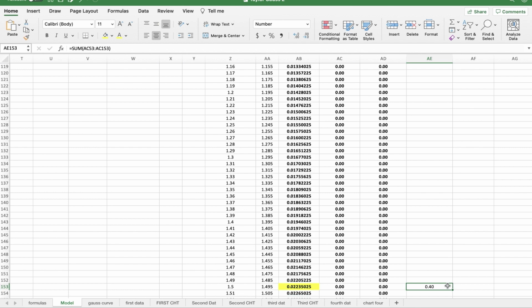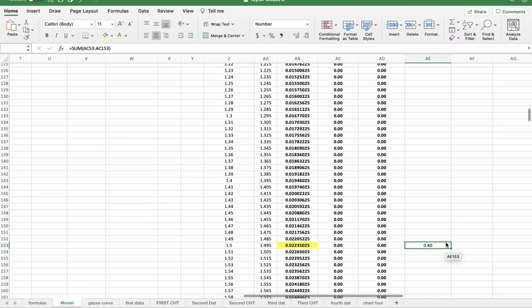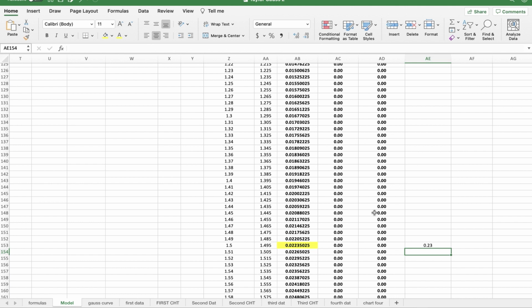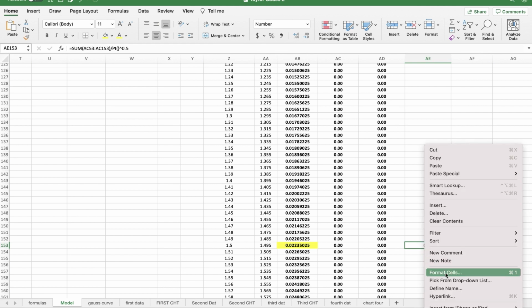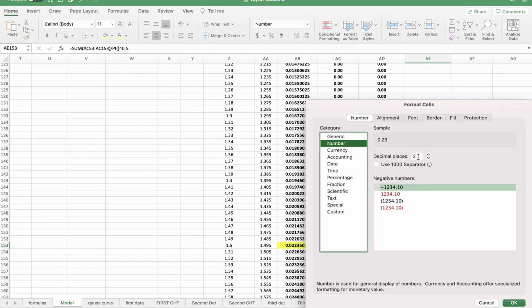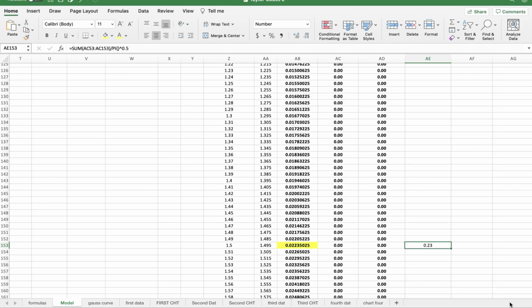And if I divide that by the square root of pi, I should end up with, actually, if I carry this out, I'm going to carry it out a few more decimal places. 2 decimal places, that's good.